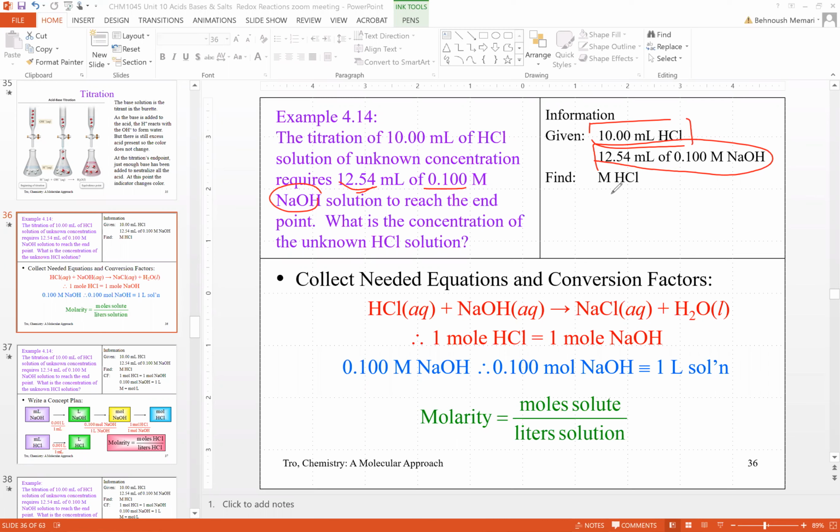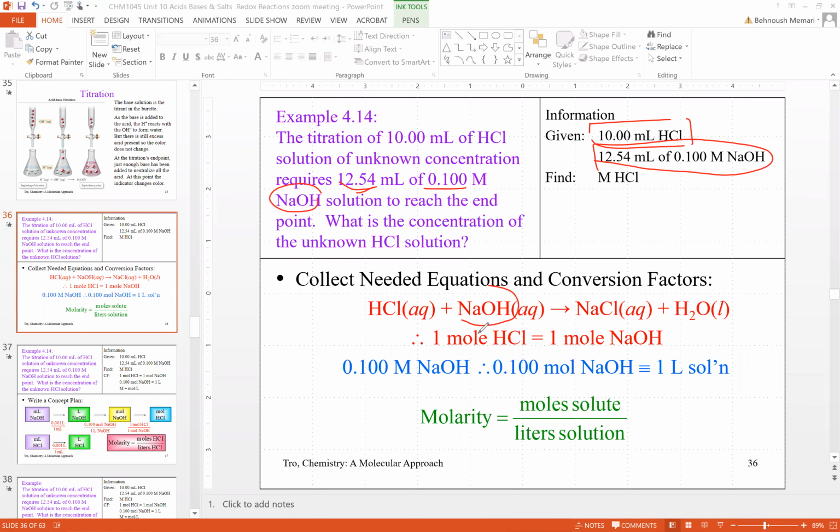Using this definition, molarity times liters of solution gives you the moles of solute. In the map that we used in the past, for the given you want to find the moles of the given.